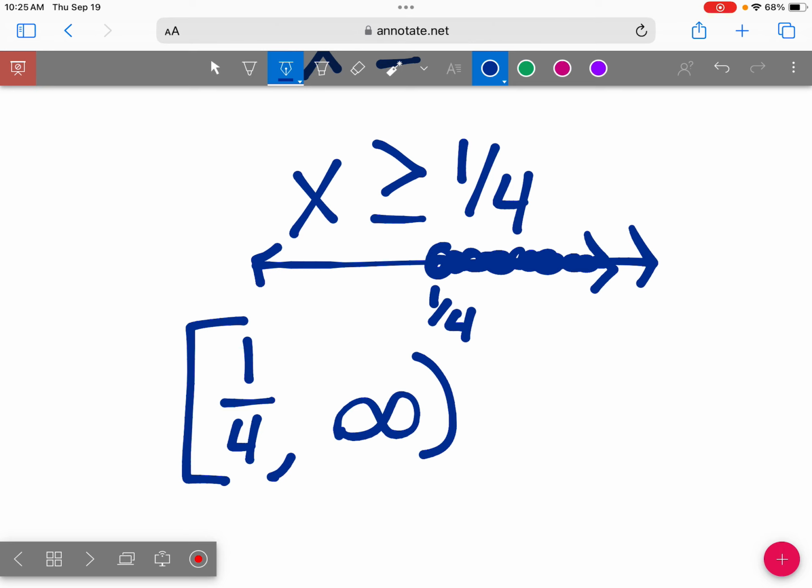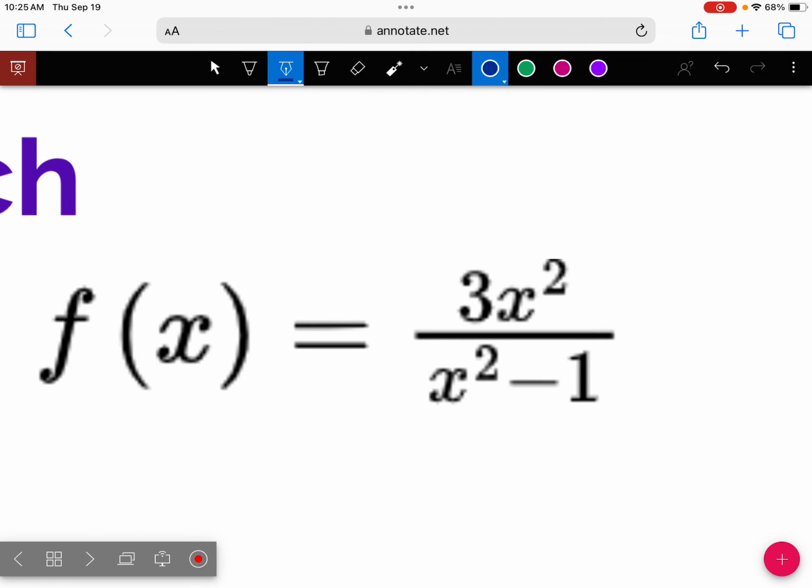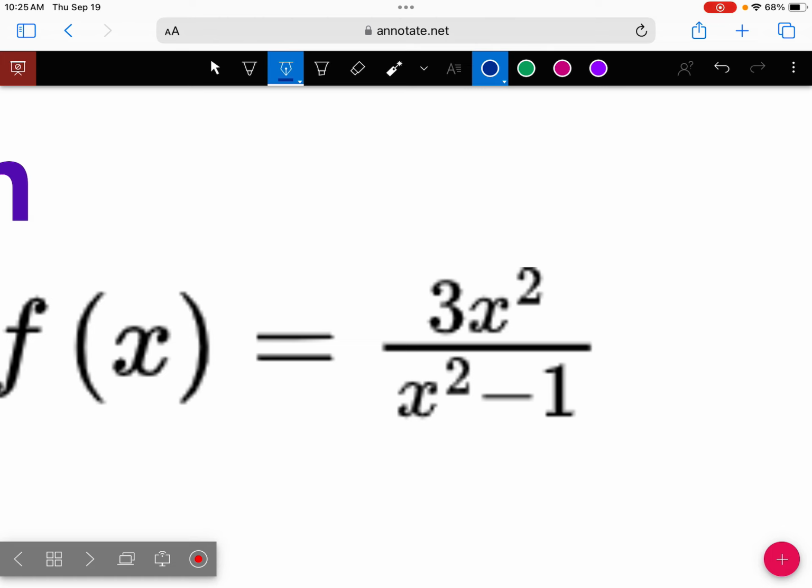There's another kind. This middle one, we've got 3x squared over x squared minus 1. So we want to make sure we wind up in the world of real numbers. They don't have to be pretty, they just have to be real. So is there anything in my numerator that would cause us to have anything imaginary or undefined?